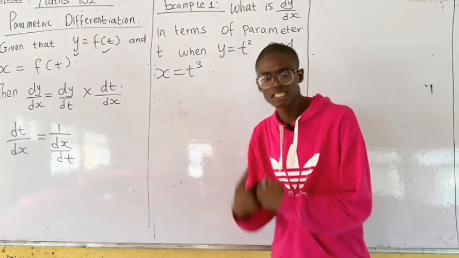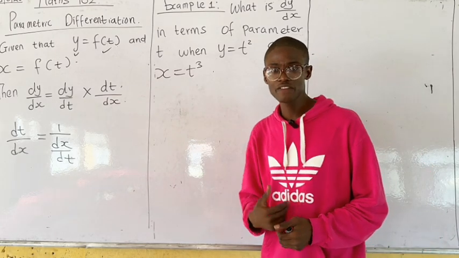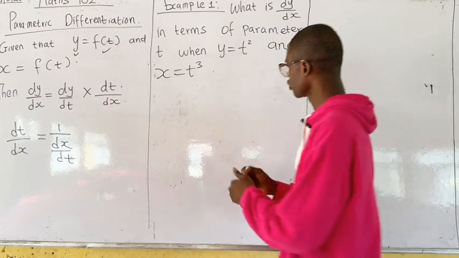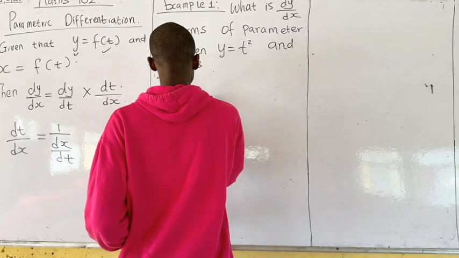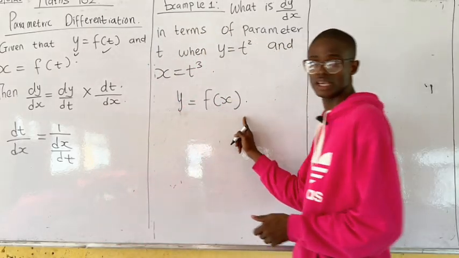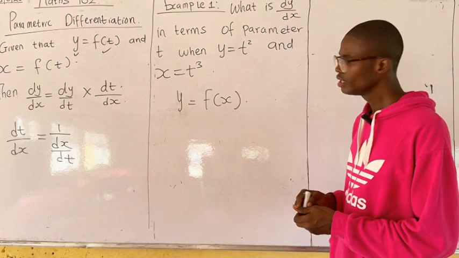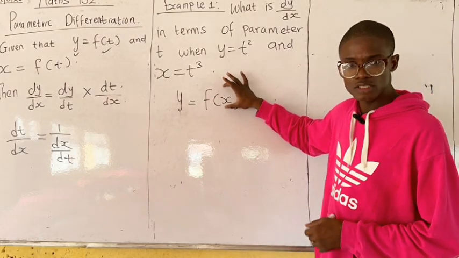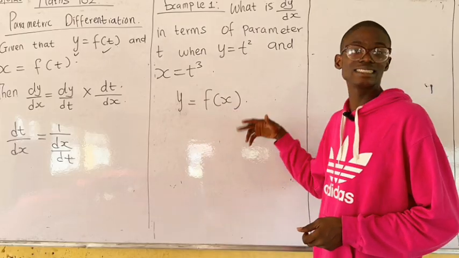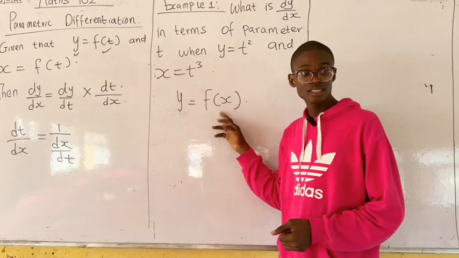Parametric differentiation is, instead of giving you y as a function that depends on x, they take this x and parameterize it. Parameterize it means give it a parameter t.